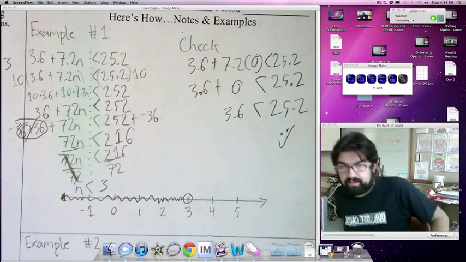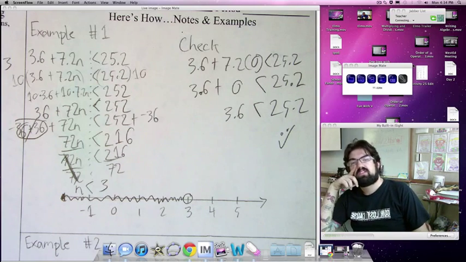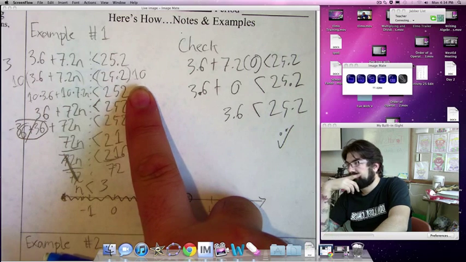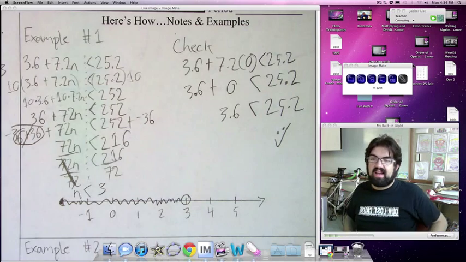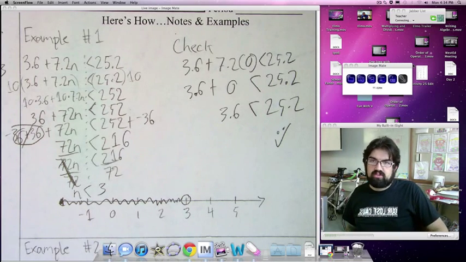A lot of work. Notice that I did that little hint that I showed when we were using decimals, that if you want to get rid of the decimals, you can multiply everything by 10. Always multiply by whatever will get rid of all the decimals, not just one of them.